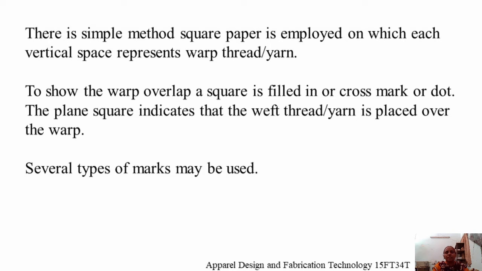So the point paper design may be indicated in three ways: filling the blocks or squares, putting a cross mark, or putting a dot. The plain square indicates that the weft thread is placed over the warp. Several types of marks may be used.